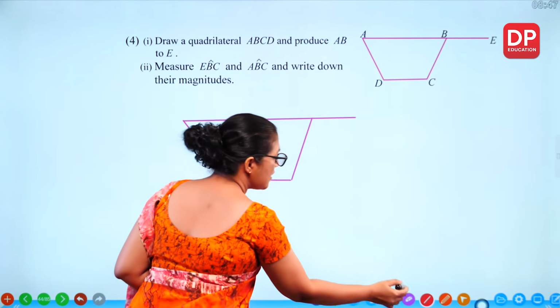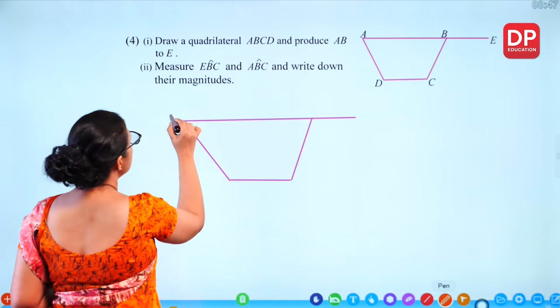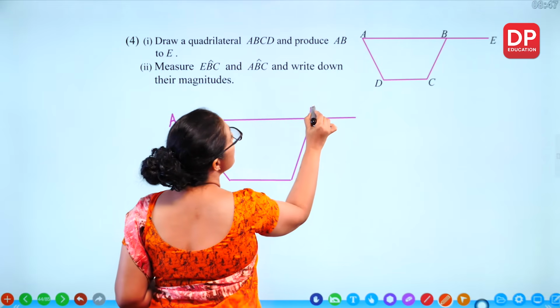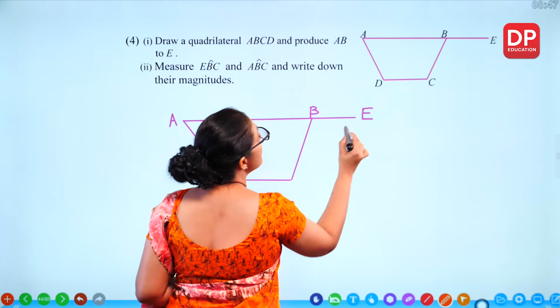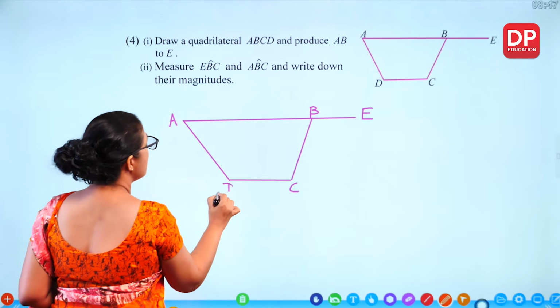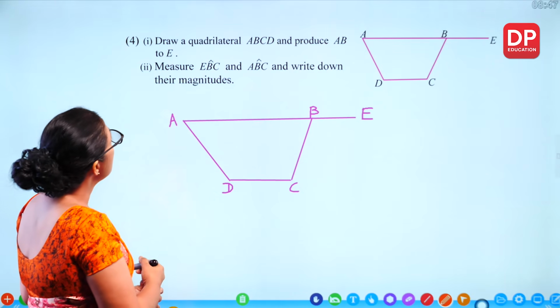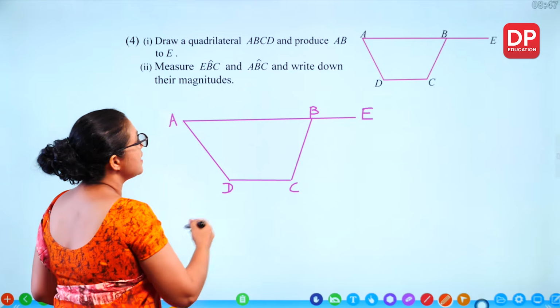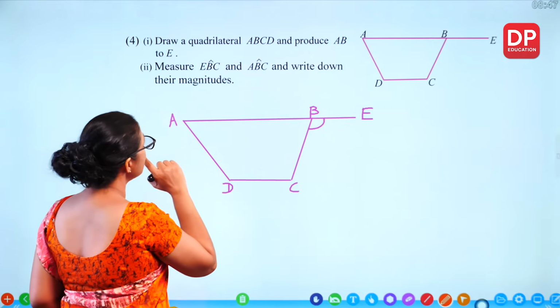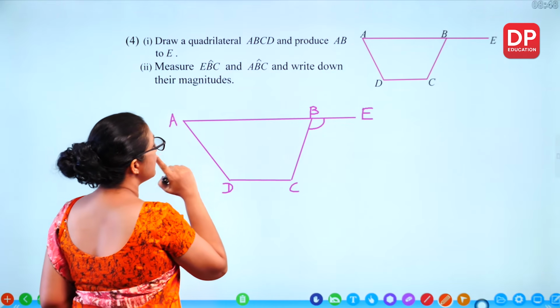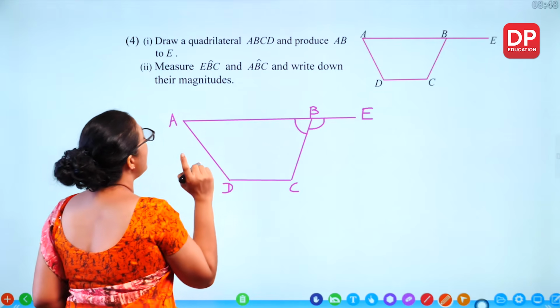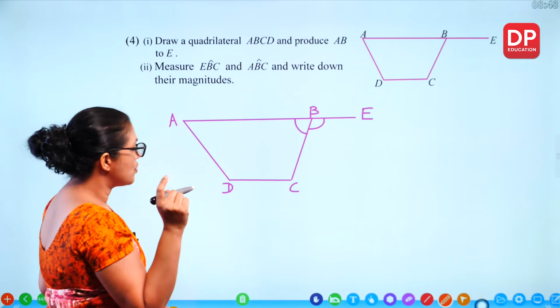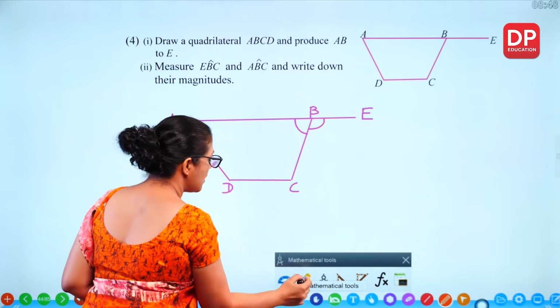So I can draw this and label this one A, B, E, C, D. Measure EBC. EBC, this angle, and ABC, this angle, and write down the magnitudes. So we'll do that using the protractor.